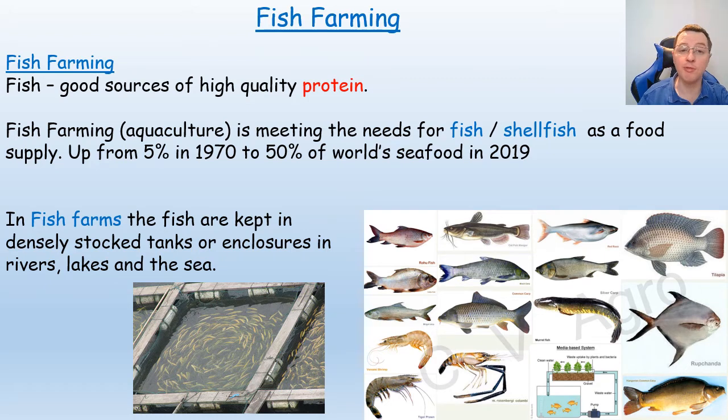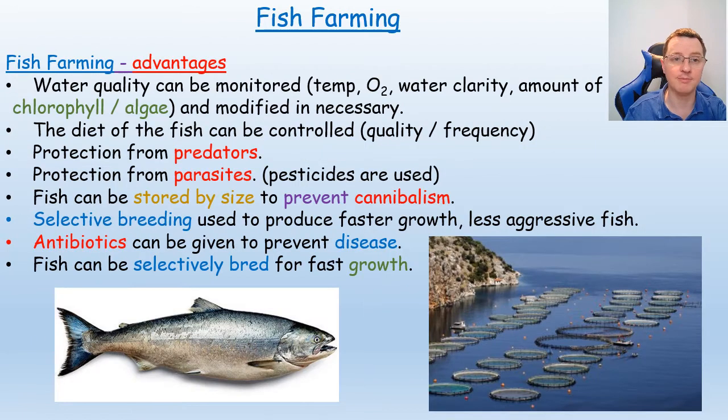This has gone up from 5% in the 1970s to 50% of the world's seafood being produced by fish farming in 2019. Fish are kept in densely stocked tanks or enclosures in rivers and lakes, or possibly even the sea like this, and this is known as the fish farming technique.